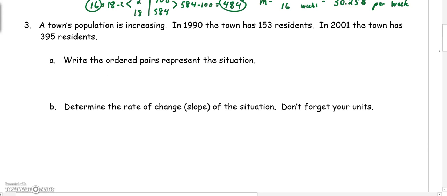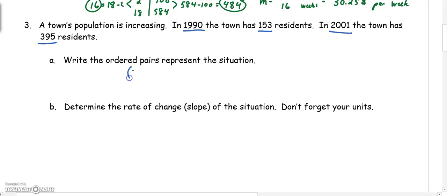Number 3, a town's population is increasing. In 1990, the town had 153 residents. In 2001, the town had 395 residents. Based on our information, 1990 has 153 residents, and in 2001, there's 395.